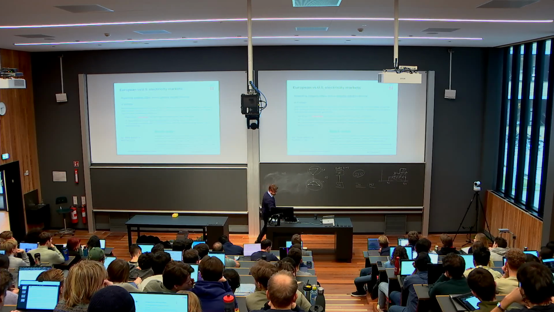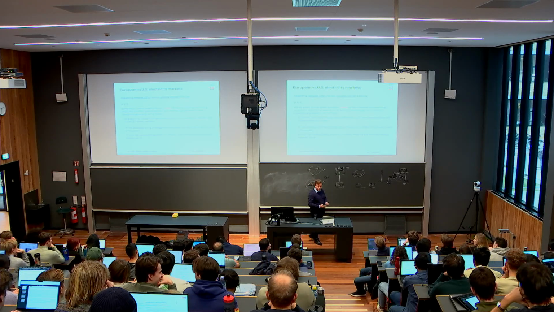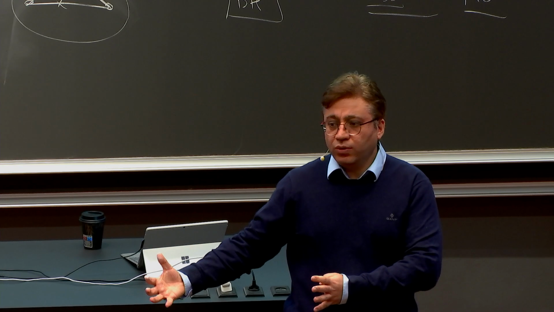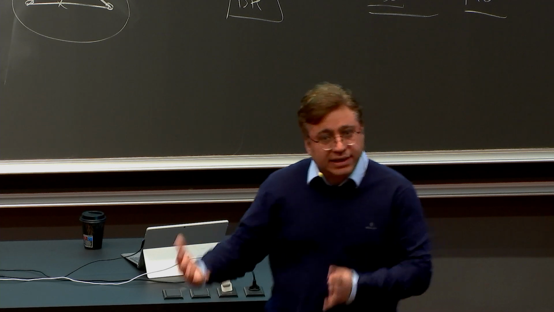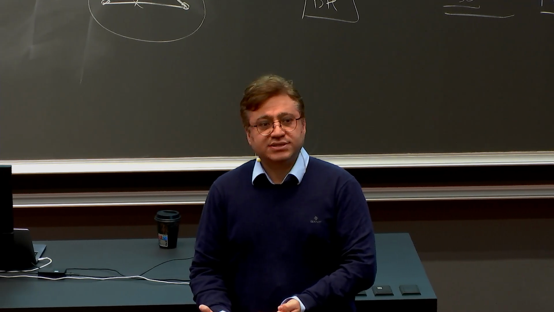In US, it's opposite. In US, we have simple bids, complex market clearing. Generators, like conventional generators, submit all their technical constraints to the ISO, and the ISO, when clearing the market, considers all these technical constraints.